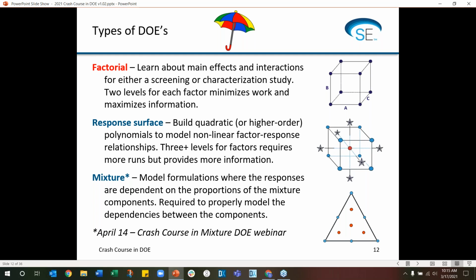These are a type of response surface designs where we model the formulations where the responses are dependent on the proportions of the mixture components. The mixture designs are required to properly model the dependencies between the components. You get this triangular space rather than a cubic type of space.